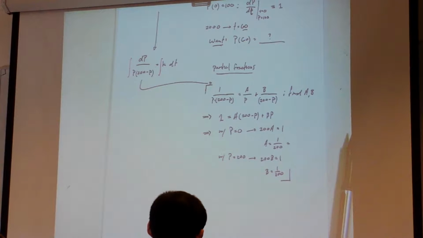From there, I'm going to write this on this side of the equation: a times (200 minus p) plus b times p equals 1. If I multiply this out and collect like terms, p is a variable, a and b are constants we're looking for.